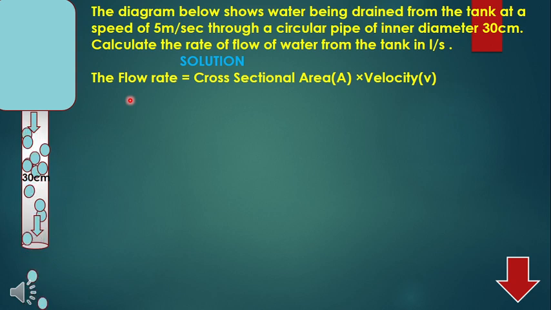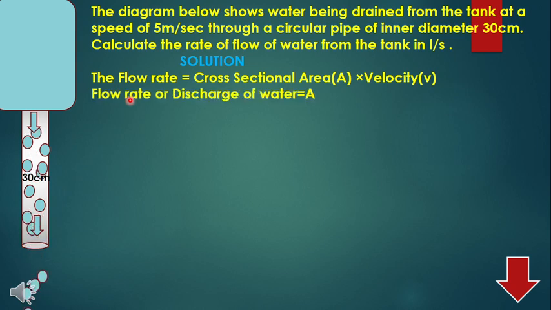This can be abbreviated as: flow rate or discharge of water is equal to cross-sectional area multiplied by velocity. Remember, the value of A is the area of the medium or the pipe through which water is being drained. So how are we going to calculate the area?